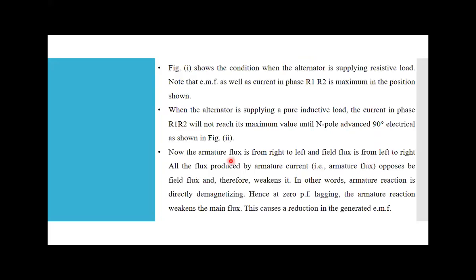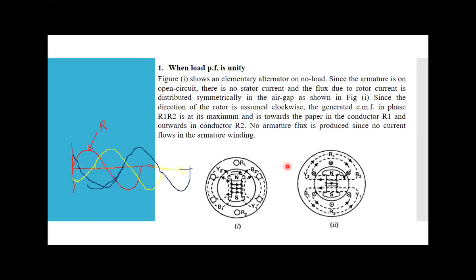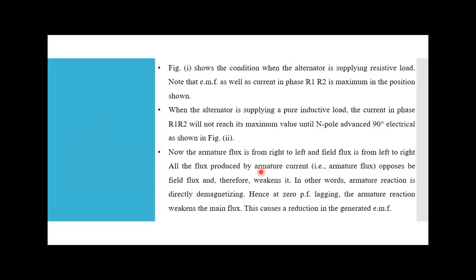Okay. So now the armature flux is from right to left, and the field flux is from left to right. You can see this is my field flux. It is left to right, and my armature flux in this condition is right to left. So both are opposed to each other.